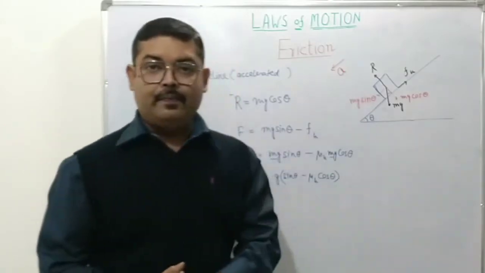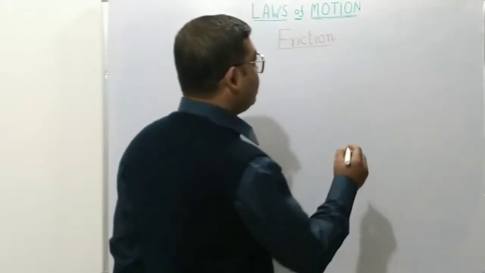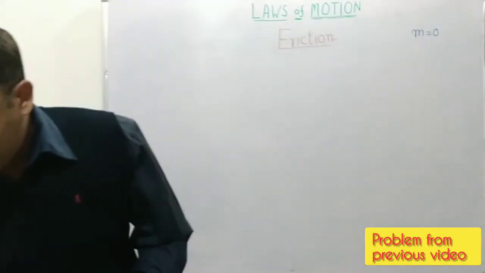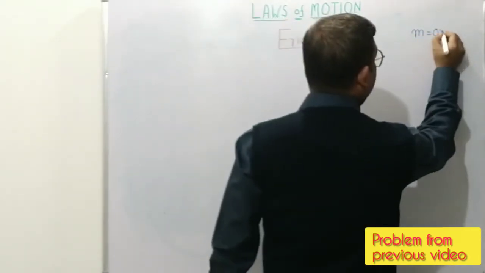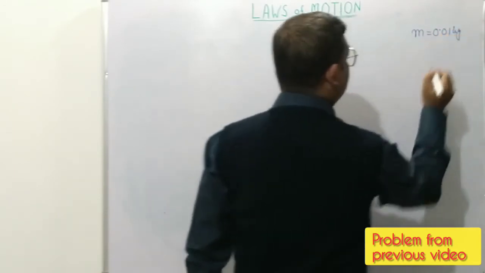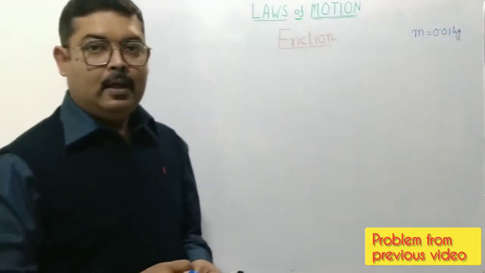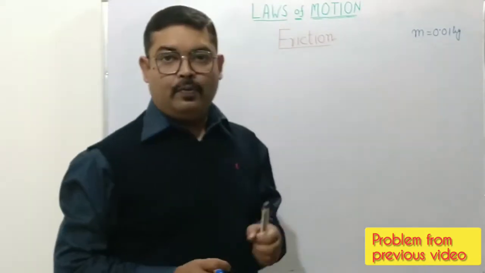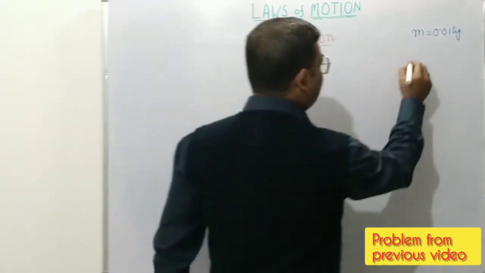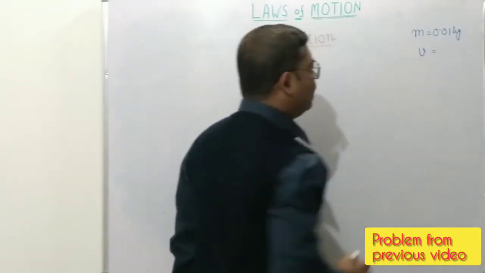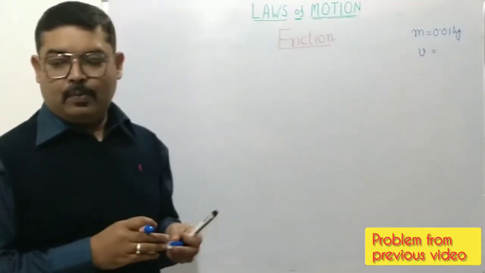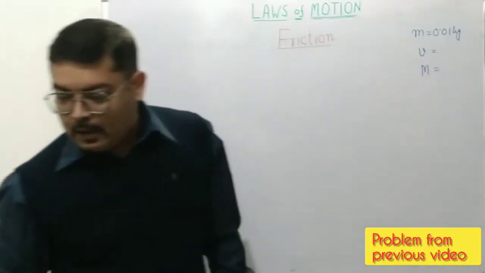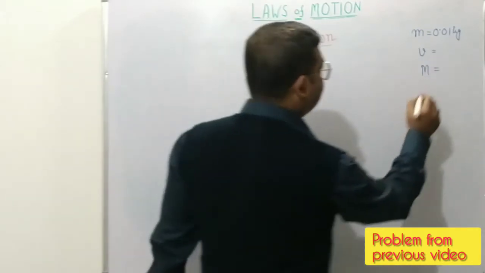Okay. We have been given that a bullet of mass 0.01 kg is moving towards a block, and it hits the block with some velocity v and gets embedded in the block. The block has a mass of 4 kg.